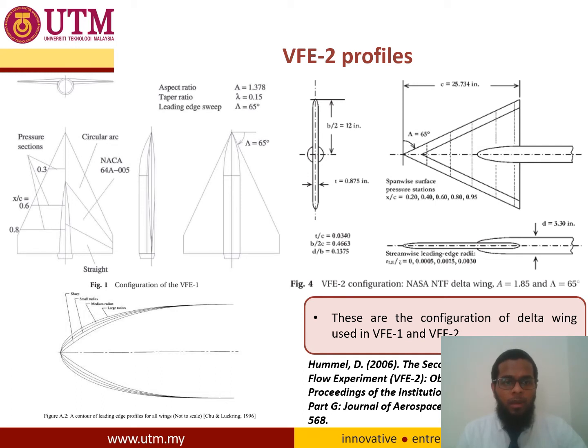You can see the sharp edge, which I'm going to experiment in this project, and this is the small radius, the medium radius, and the large radius. These are the configurations of the delta wing, given by the author Hummel in 2006, who published the paper on VFE-2.